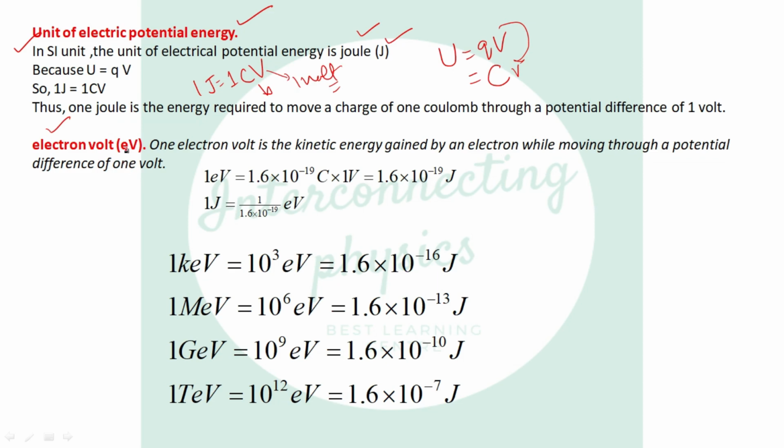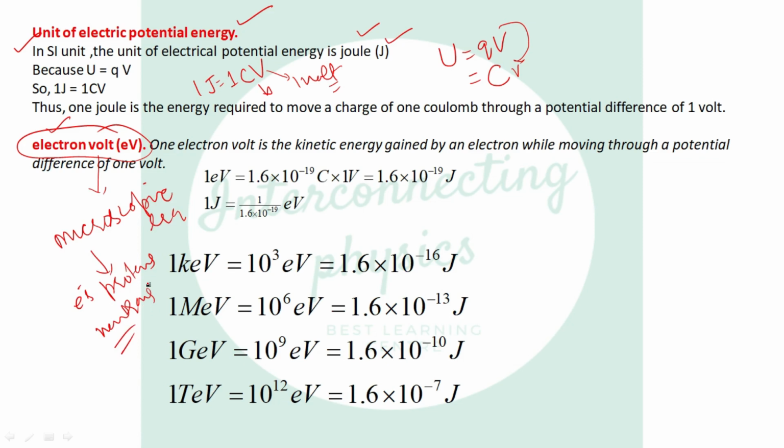Another unit of electric energy is the electron volt. Electron volt is not an SI unit, but this unit is most widely used, especially in the microscopic domain, that is when we are talking about electrons, protons, neutrons, some subatomic particles.